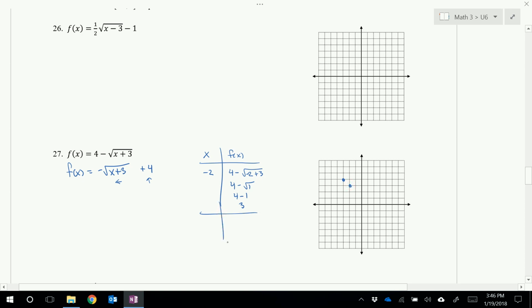And then let's try when x is 1. We get 2. So it's dropping slowly to the right. Now let's answer our question.